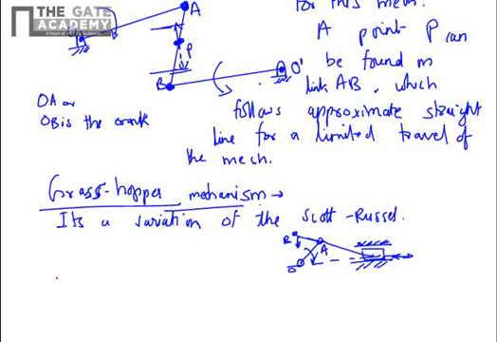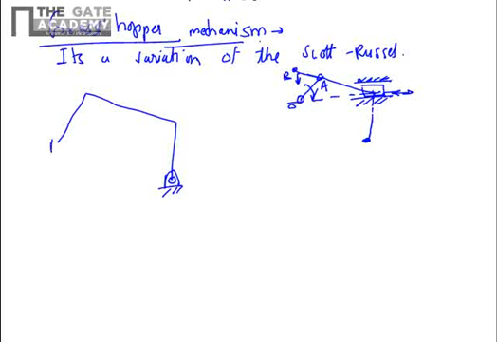In the Grasshopper mechanism, we will replace the sliding pair by a turning pair. So you have a typical 4-bar chain like this, and then you will extend this link such that OA is equal to AB.